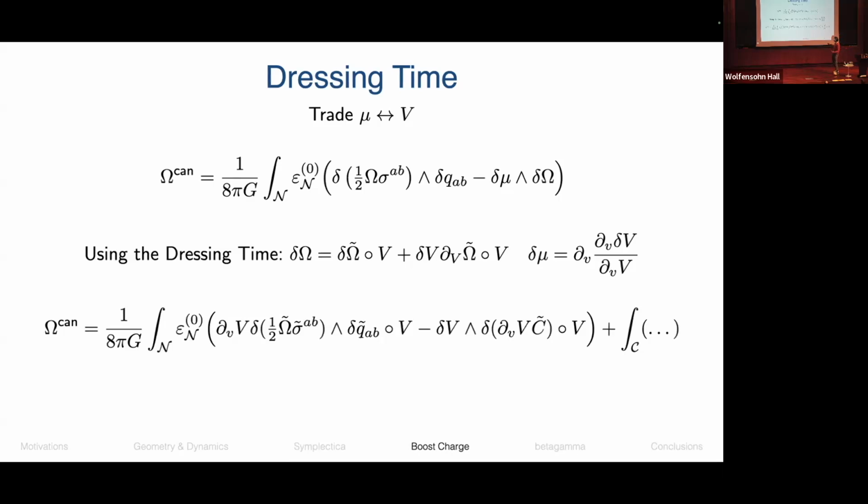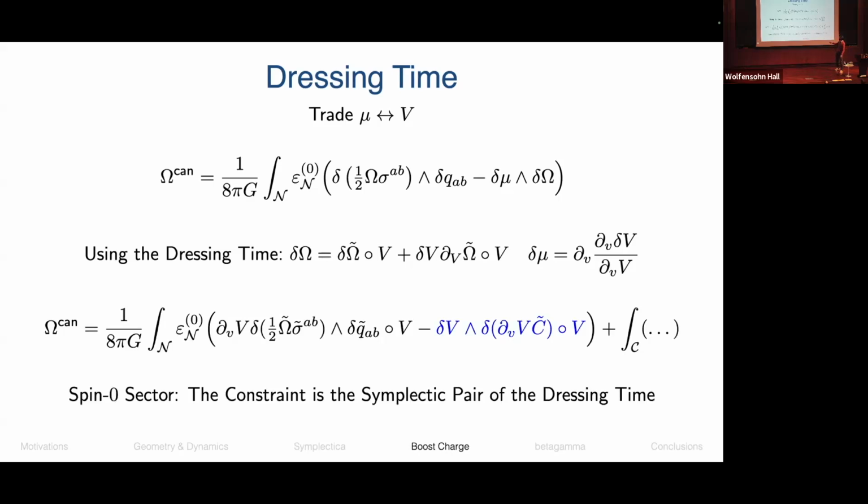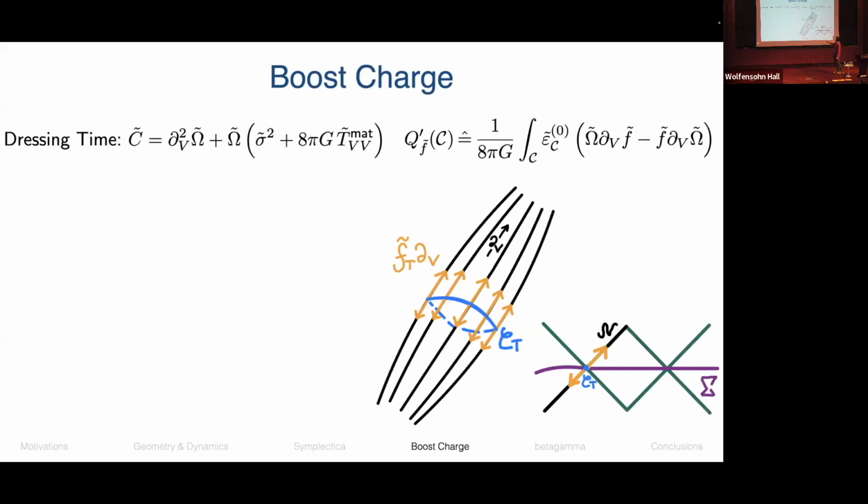So the main result is that in dressing time, the constraint is the symplectic pair of the dressing time. So I evolve throughout the null hypersurface with my dressing time V, and the symplectic pair is the Raychaudhuri constraint itself.